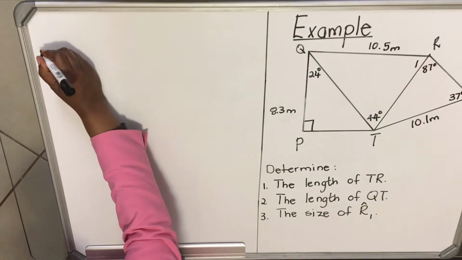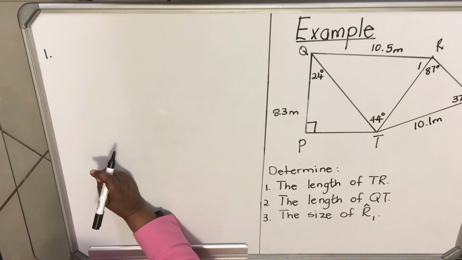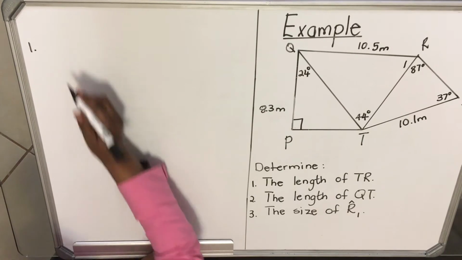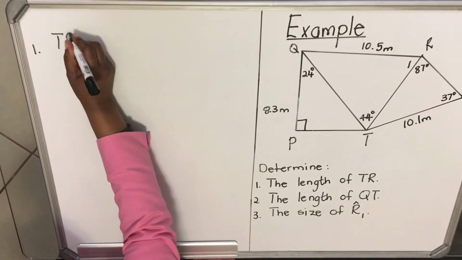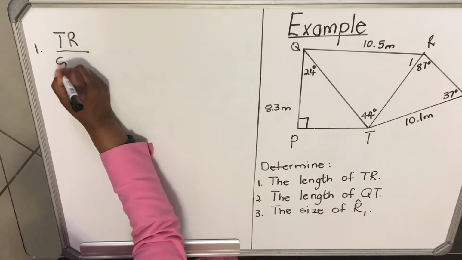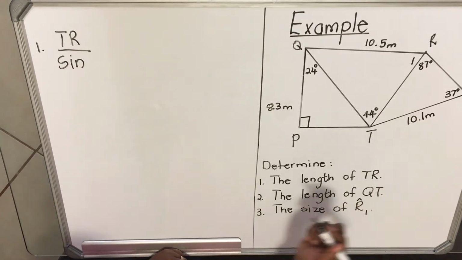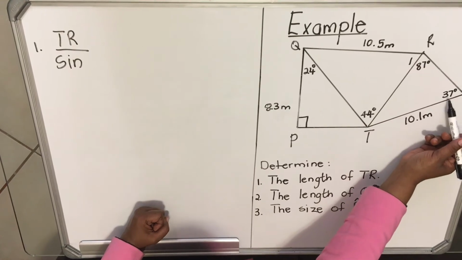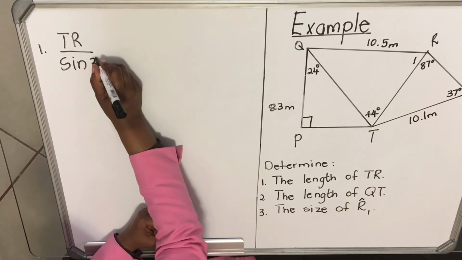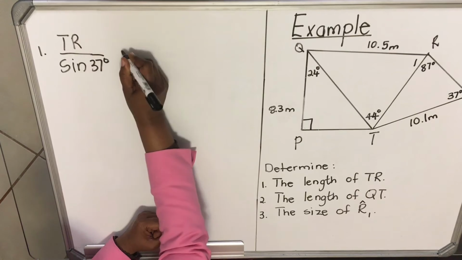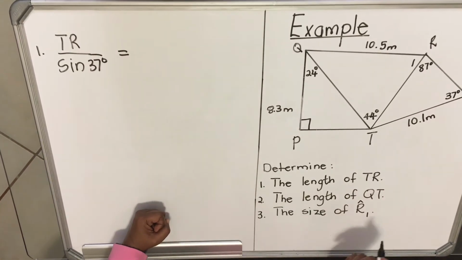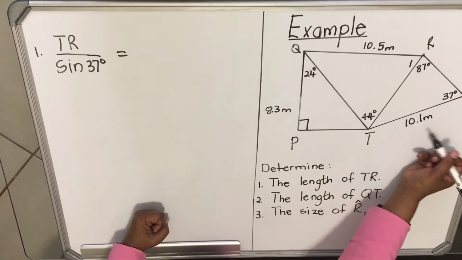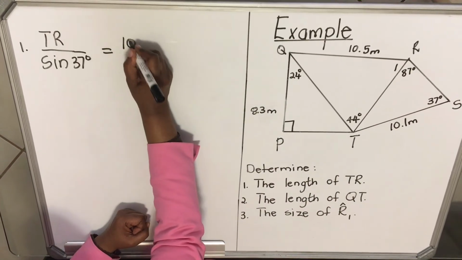Okay, number 1, because I'm looking for a line, I'm going to start with a line. So it will be TR over sine, let's look for the angle that is opposite TR. It's sine 37 is equal to a line that we have, TS, which is 10.1 meter.